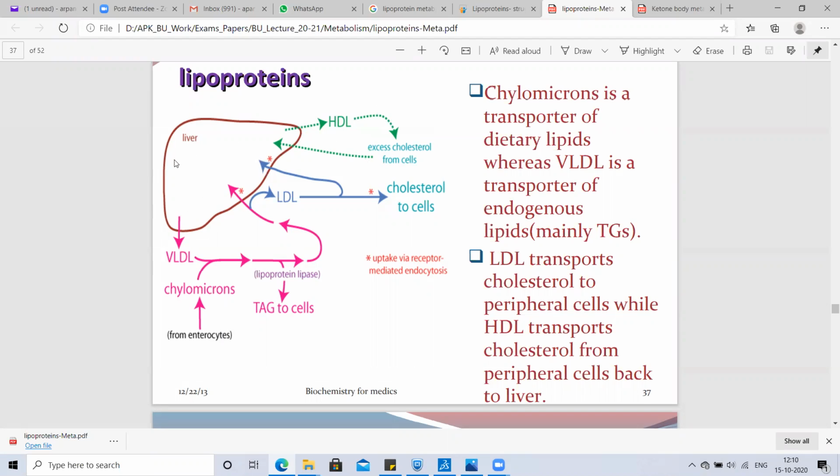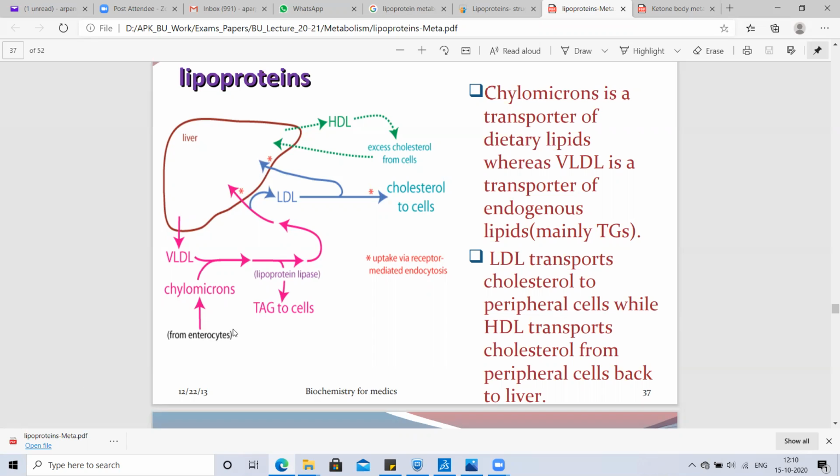They take this excess fat and cholesterol for deposition from the liver to the nearby cells. These star portions depict receptor mediated endocytosis, and they cannot transport without endocytosis. So receptor mediated endocytosis plays an important role.